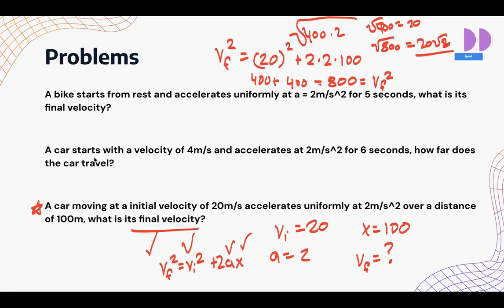But if you don't know that, don't worry. Just put it in the calculator. Just do square root of 800 and you'll get 28.28. VF is equal to 28.28, something along those lines.